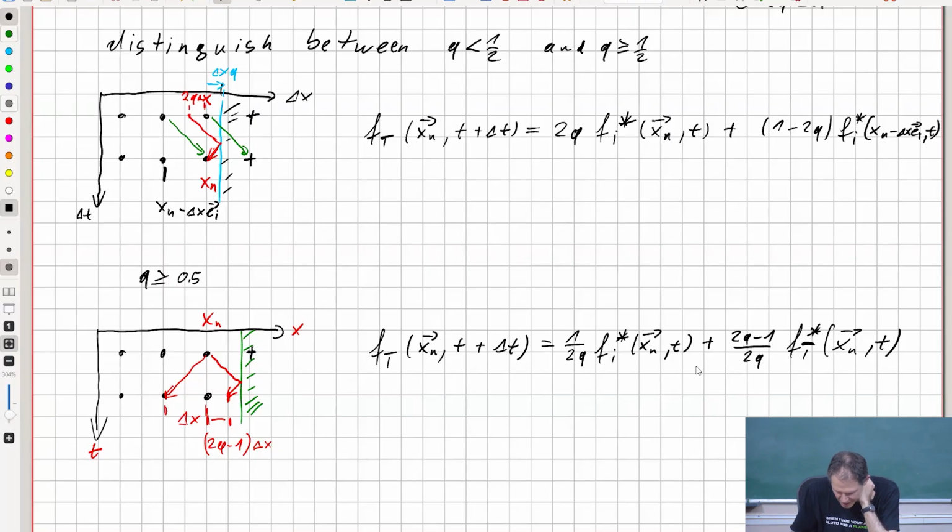So I take the one that is already going in the fi over bar direction, whereas this here is fi. So I take the one that goes to the other side and combine this with this one and do the interpolation after the streaming. So in the first case, I do the interpolation before the streaming, and in the second case, I do the interpolation after streaming.